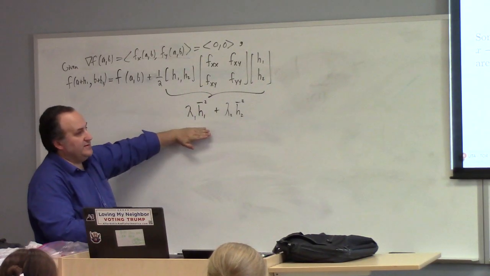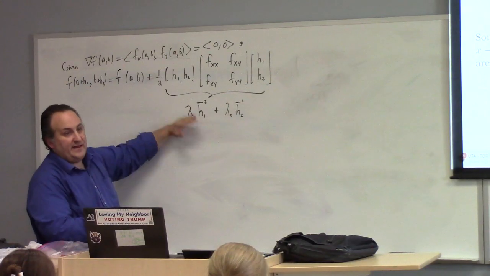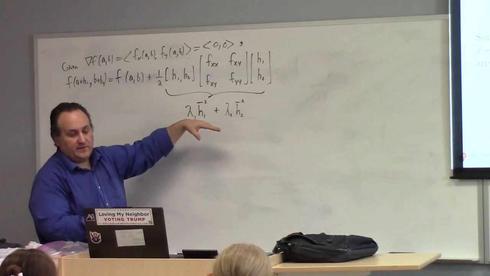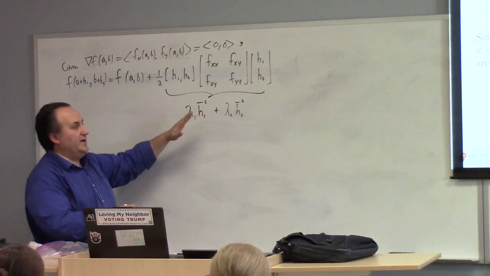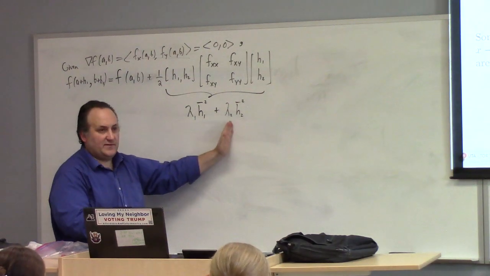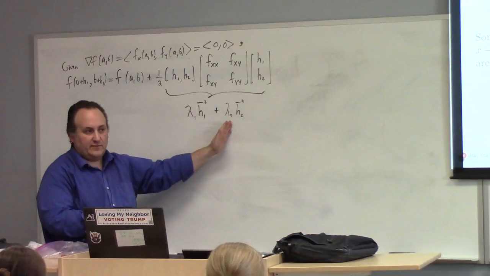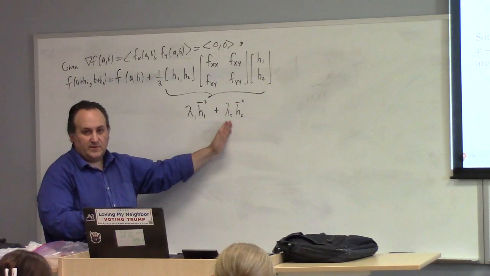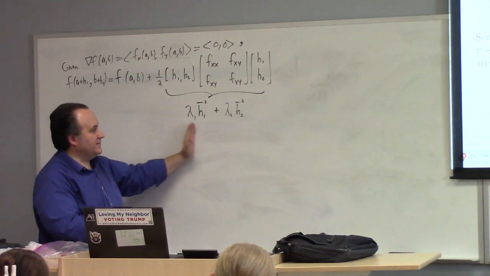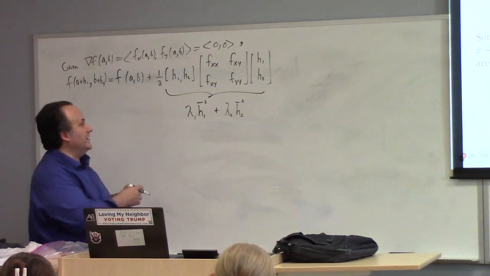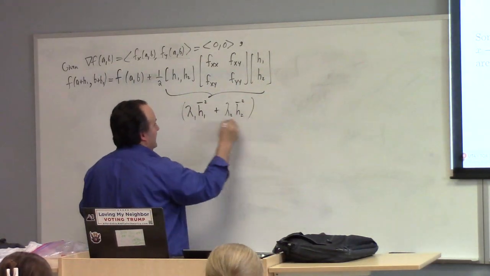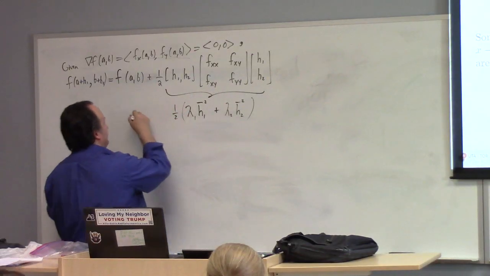If both of the eigenvalues are negative, you're taking away from the value at AB, so you're at a local maximum. If one eigenvalue is negative and one is positive, then you're at a saddle point, because in some directions you're increasing and in some directions you're decreasing. Those conclusions are immediately clear from this formula. I'll put the half out here. The half doesn't change anything.